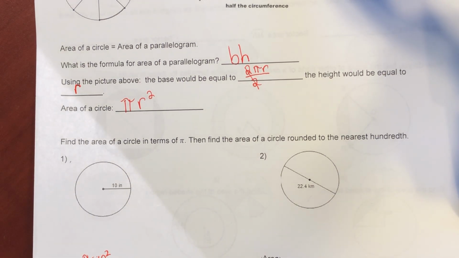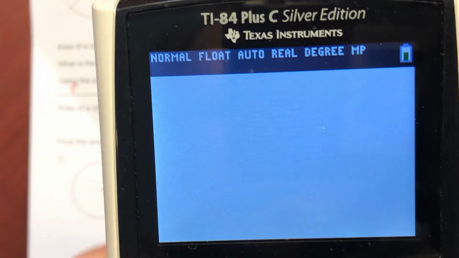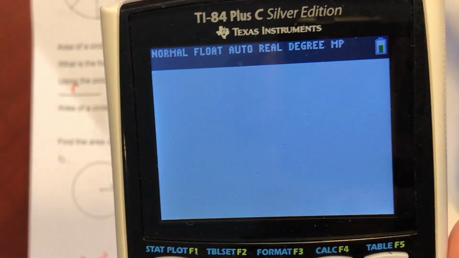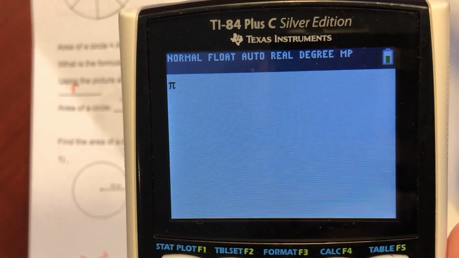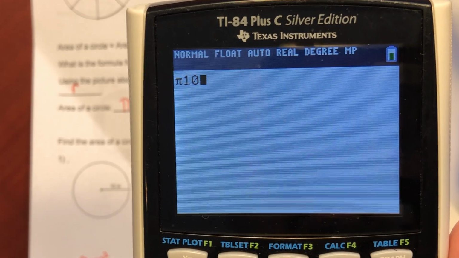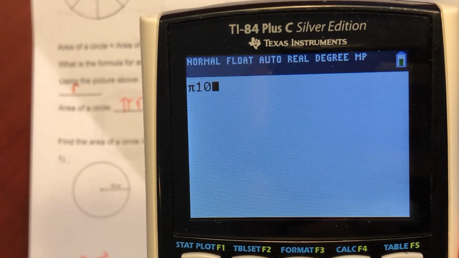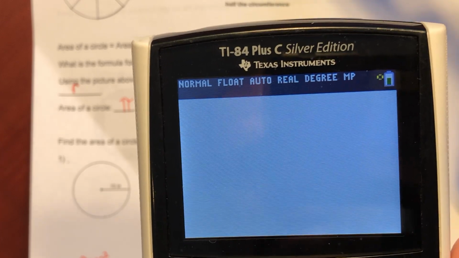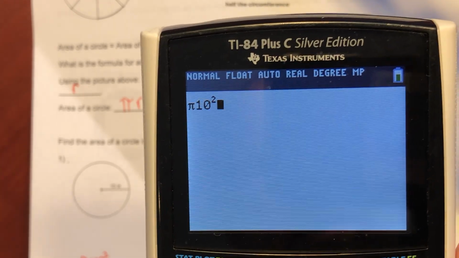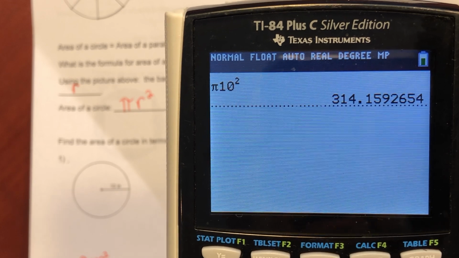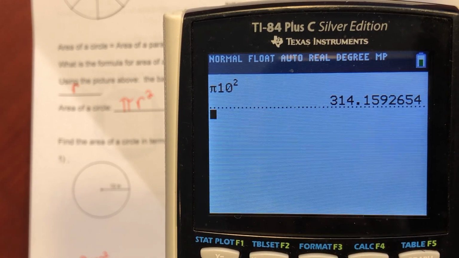In terms of pi, if I punch in pi 10 squared on my calculator, that is 314.